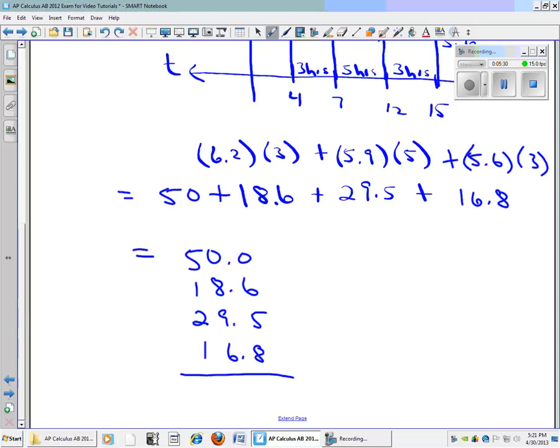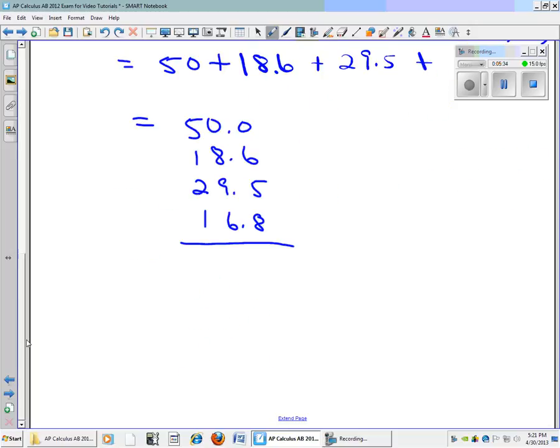Alright, so I have 1 and 8 is 9, 9 and 1 is 10, 8 and 6 is 14, so that's 4, and we'll carry a 1, and so on. So 114.9 liters is going to be our answer.